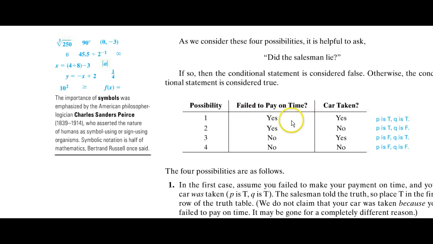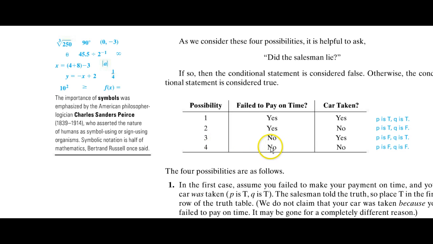Failed to pay on time, yes. Car taken, no. Here P is true. The consequent is false. Failed to pay on time, no. Car taken, that would be P is F, where Q is true.